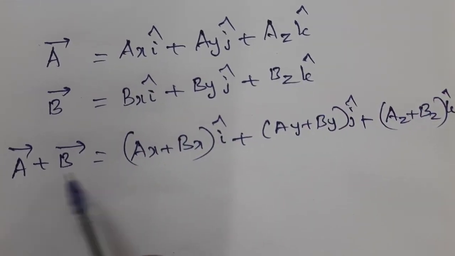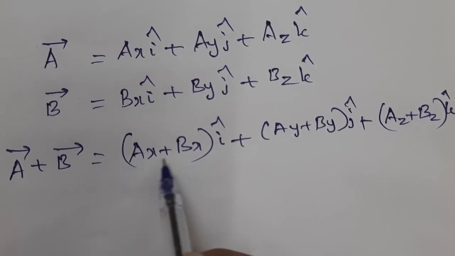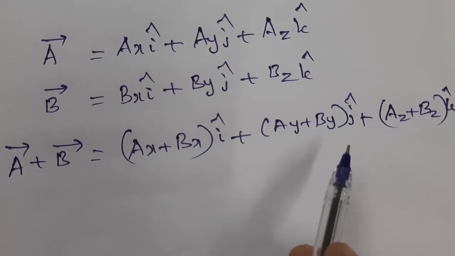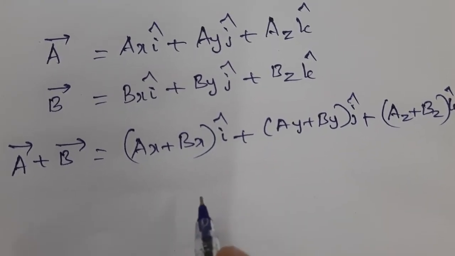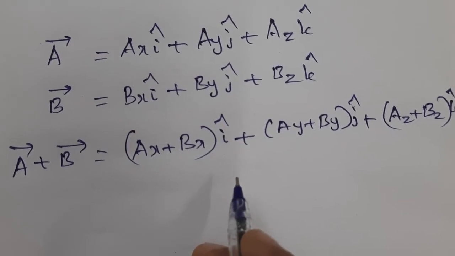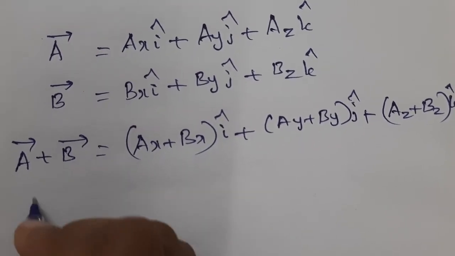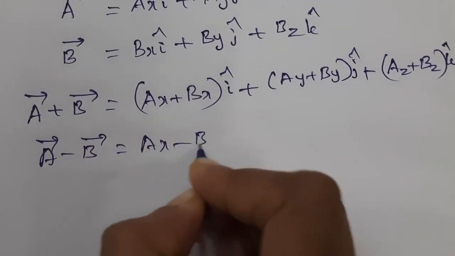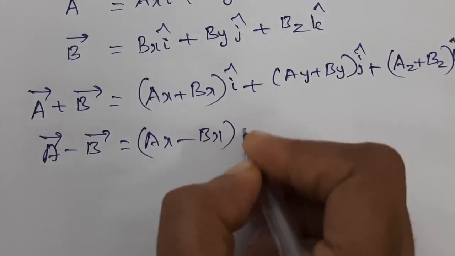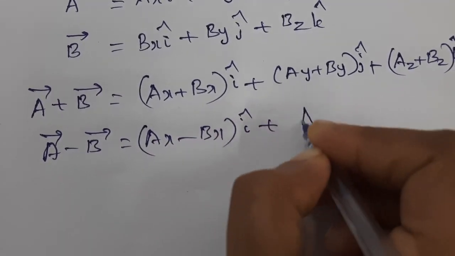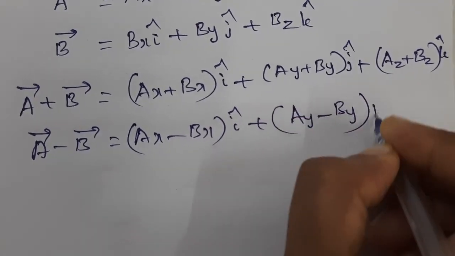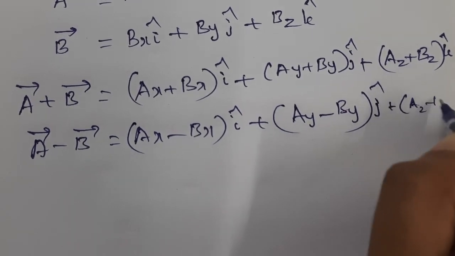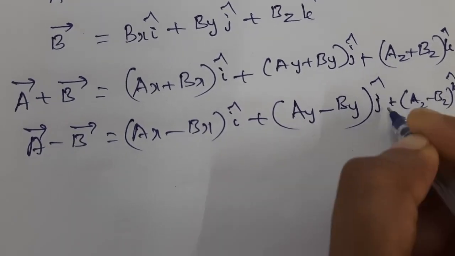The subtraction of two vectors uses the same method, subtracting the corresponding x, y and z components. So a vector minus b vector equals (ax minus bx) i cap plus (ay minus by) j cap plus (az minus bz) k cap.